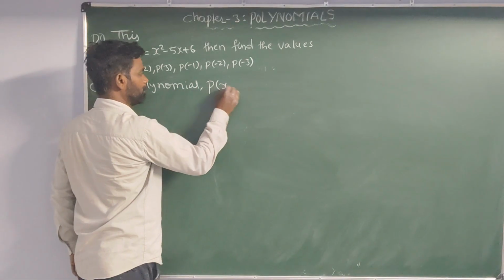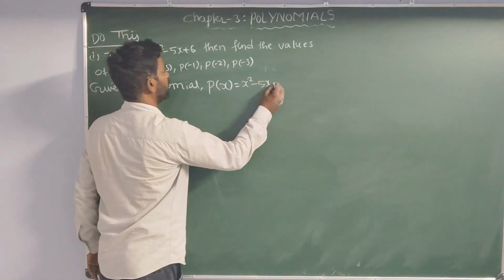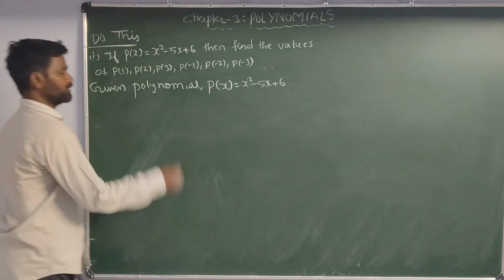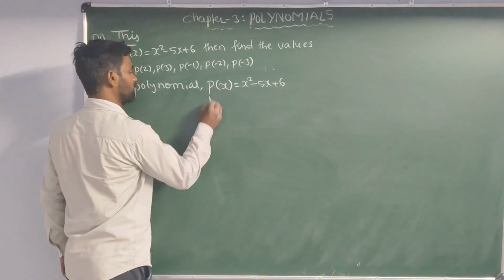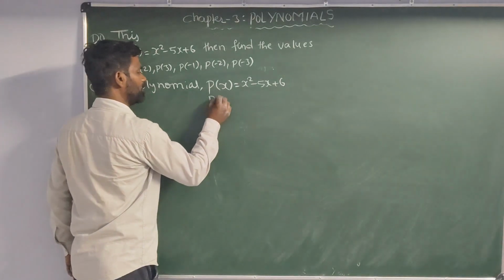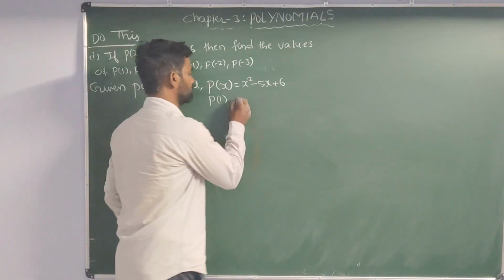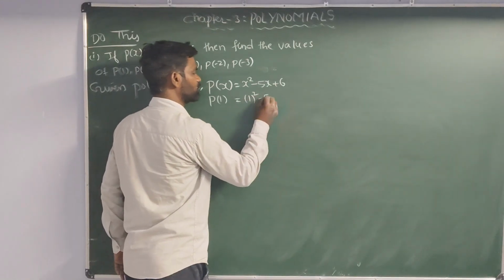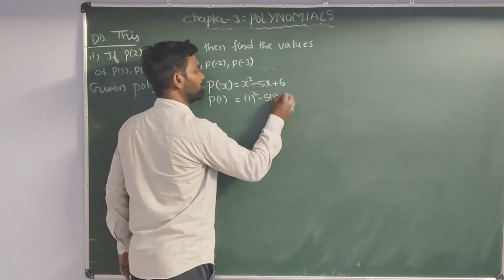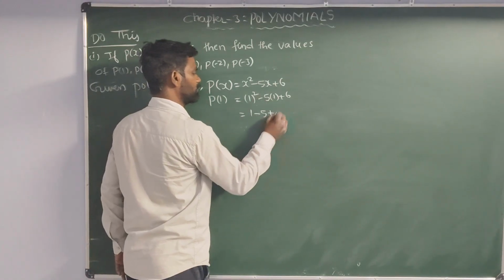is represented by p of x is equal to x square minus 5x plus 6. So that is the given polynomial. Now we have to find p of 1. It's very simple. Wherever x is there, we have to substitute 1. So p of 1 is equal to 1 square minus 5 into 1 plus 6, that is equal to 1 minus 5 plus 6.